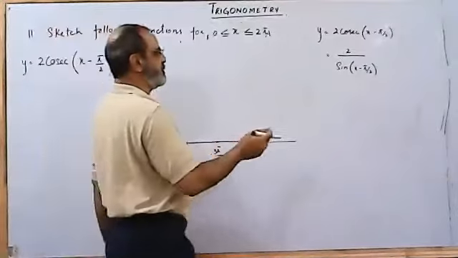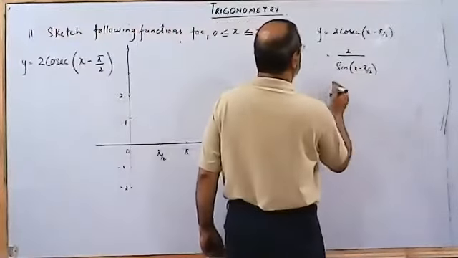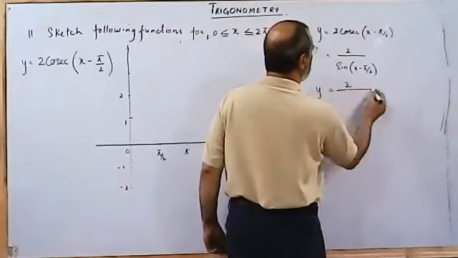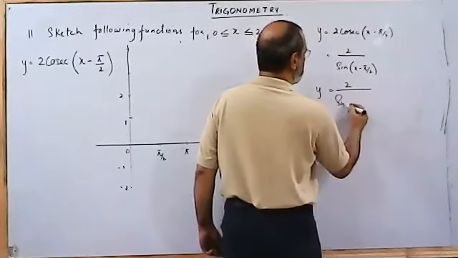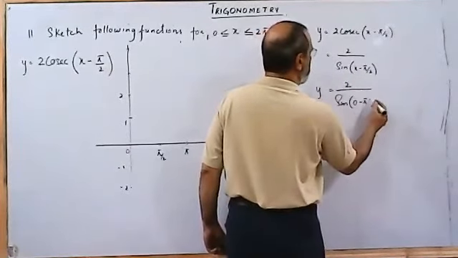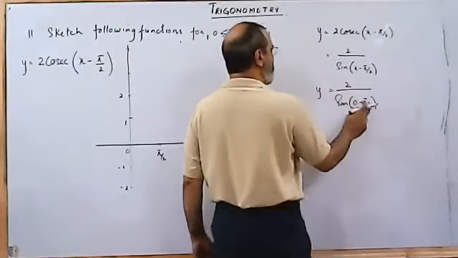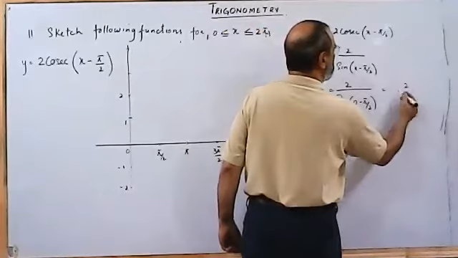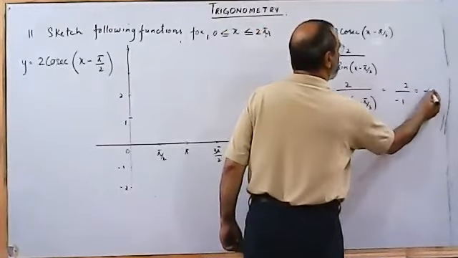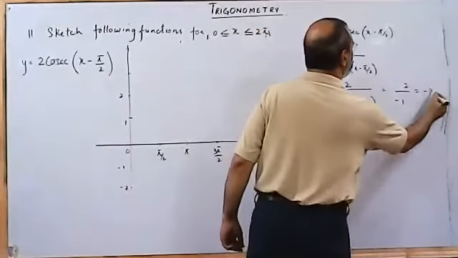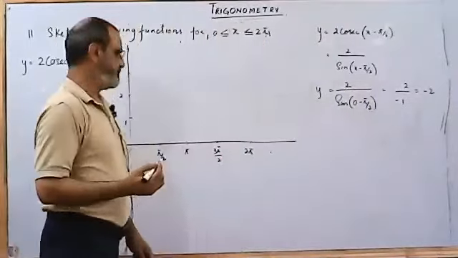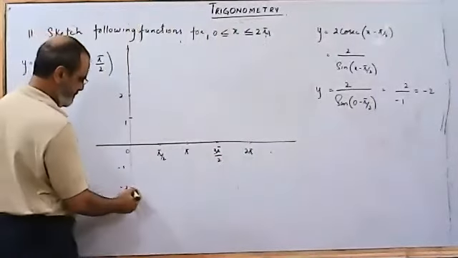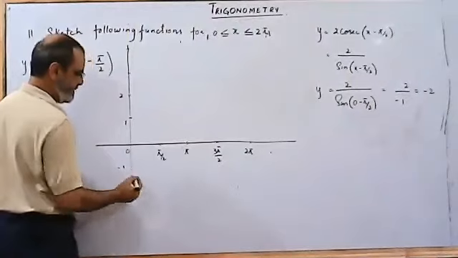If I put x is equal to 0, y is equal to 2 over, if I replace x with 0, I get 0 minus pi by 2. Sine negative pi by 2 gives you minus 1. So the answer is minus 2. So at 0, the point is here.